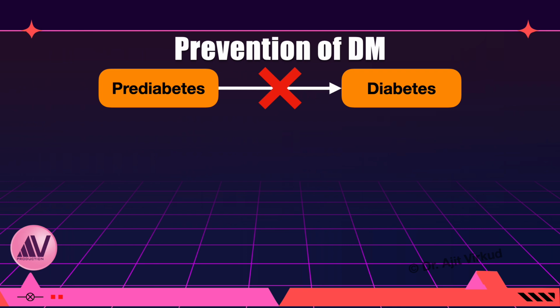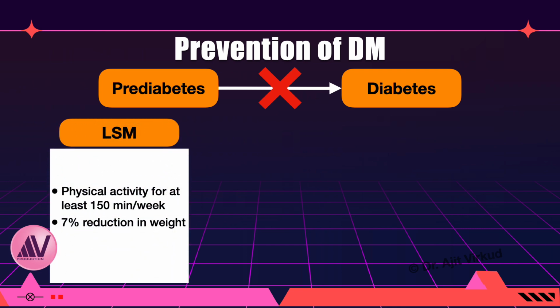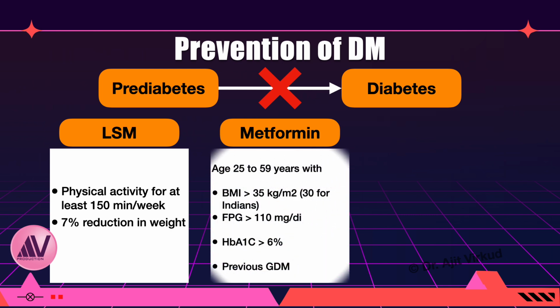Criteria for labeling a person as pre-diabetic are age 25 to 59 years with BMI of greater than 35 kilograms per meter square. The age can be modified to 30 for Indians and having fasting plasma glucose greater than 110 milligrams per deciliter and or hemoglobin A1C greater than 6% and previous history of gestational diabetes mellitus.